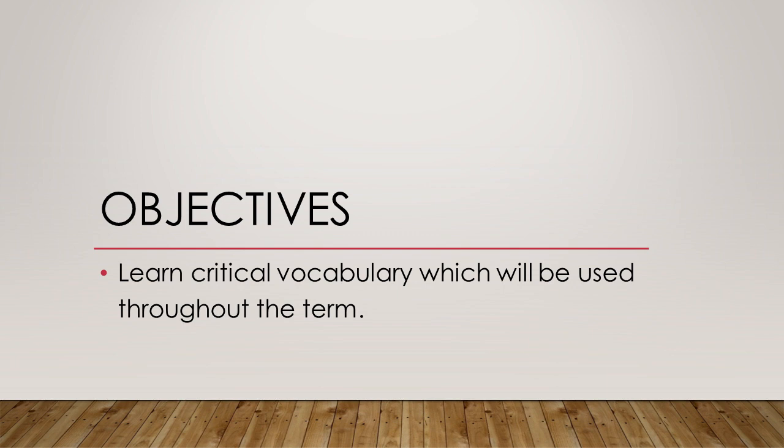And I think you're not only going to see these words in our science classes, but you'll probably see them in your English classes. You'll definitely see them in future science classes, but they're good terms to know as you go forward with your education.